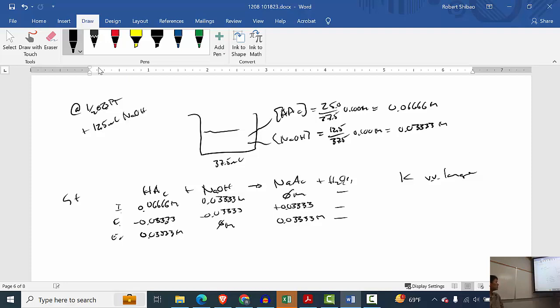Now, this was our step 1 here. What kind of solution do we have? What does the product mixture consist of? The product mixture consists of acetic acid and sodium acetate. And what you notice about acetic acid and sodium acetate is that they are conjugates of each other.